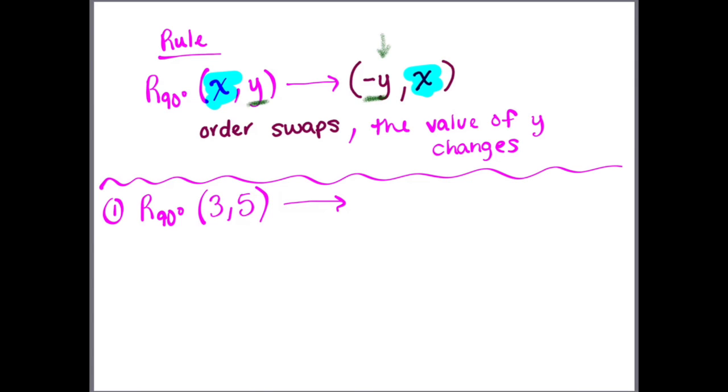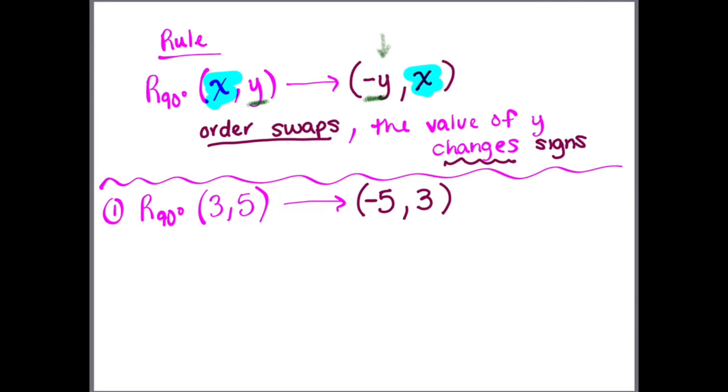Where will that point go? First, the order swaps. So we'll have (5, 3). There's my order changing. But that y value must change signs. So instead of a positive 5, it'll become a negative 5.